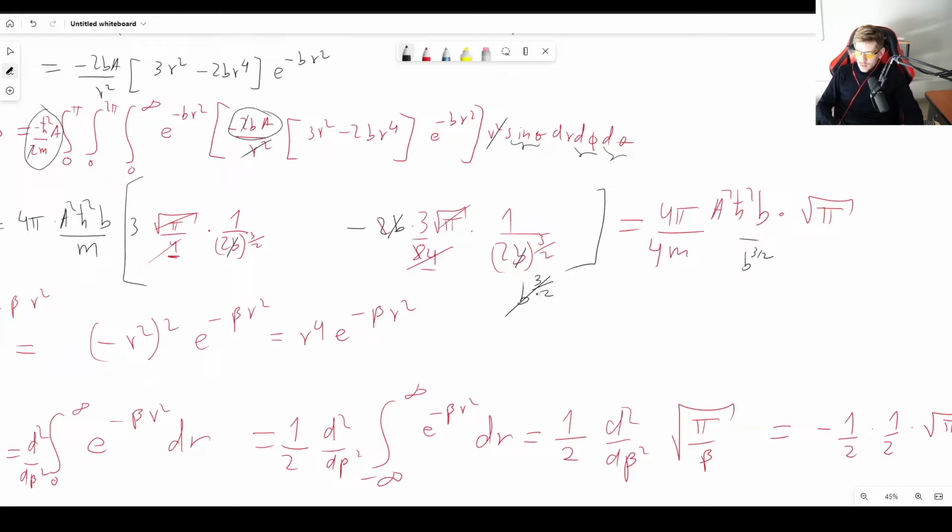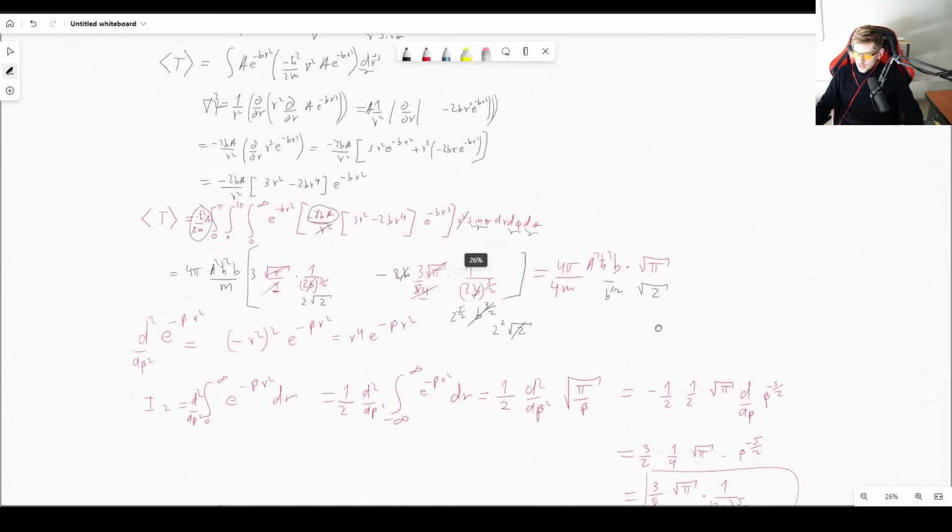And then what do we have left? We have 2 to the 5/2, which is basically 2 squared, which is 2 to the 4/2, times square root of 2. And here we have 2 times square root of 2. So we can factor out square root of 2. What does that leave us with?